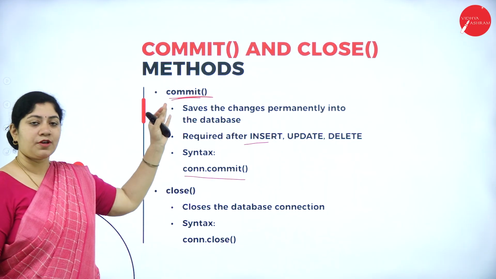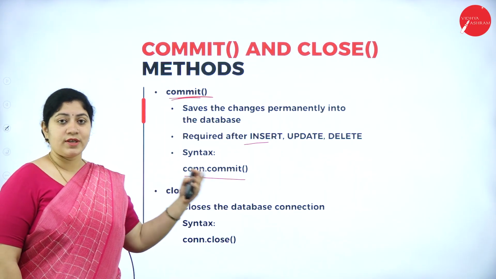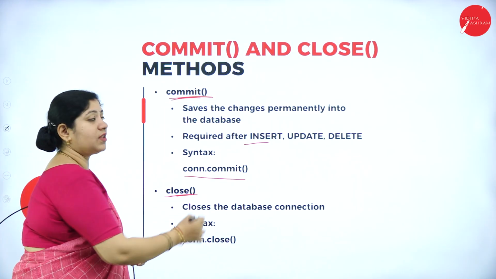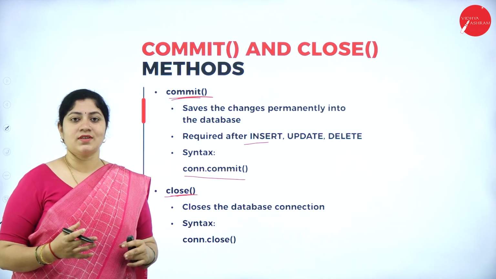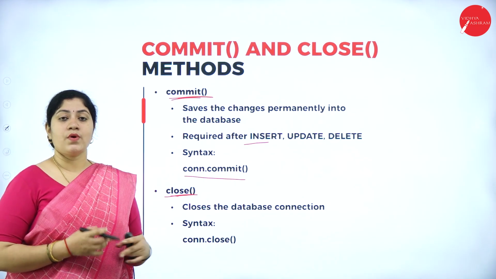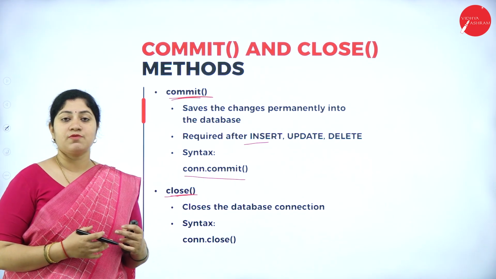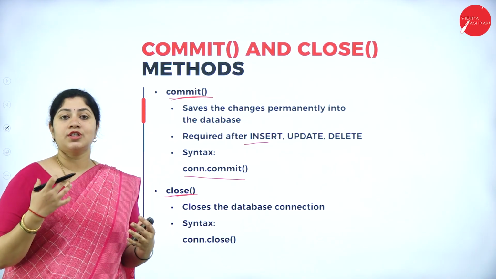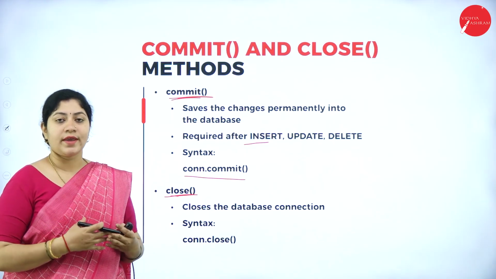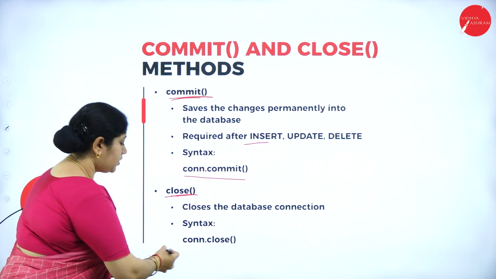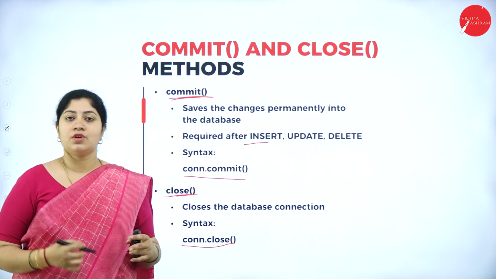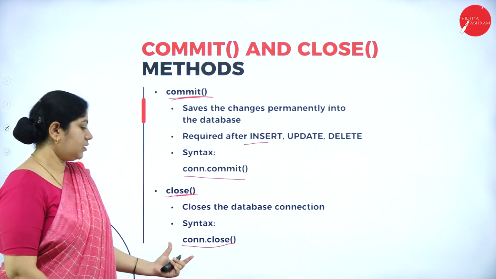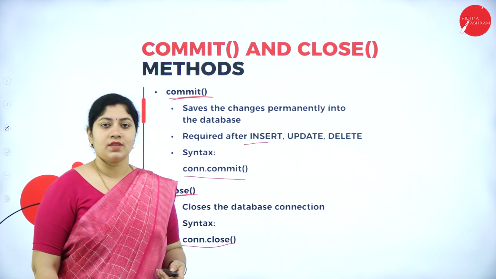So this is with respect to the commit method. The next method we have is the close method. This is responsible for closing the database as well as the resources allocated during execution. The simple syntax is connect.close(). So this is the syntax for the close method.